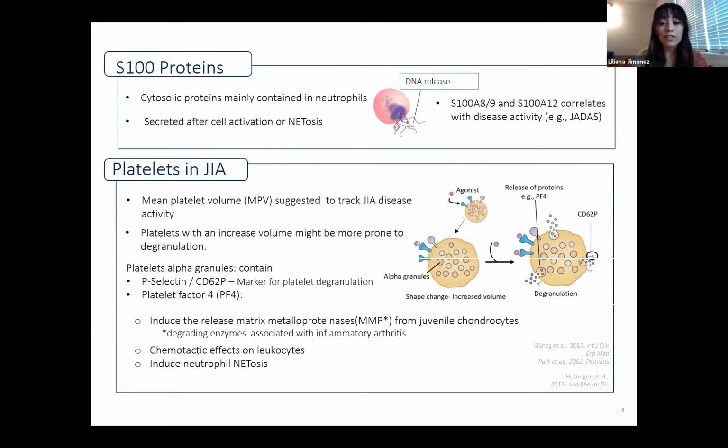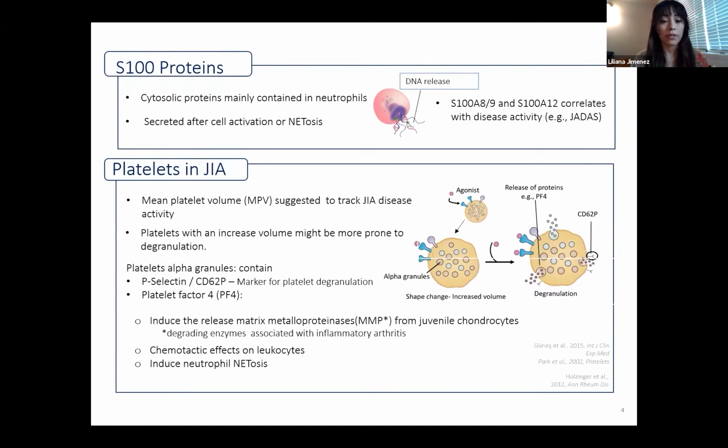In addition, several studies have suggested other proteins as potential markers to track disease activity. For example, the pro-inflammatory S100 proteins, which are mainly contained in neutrophils and are secreted after activation or by NETosis, a pro-inflammatory process where neutrophils release their own DNA along with other cytokines.